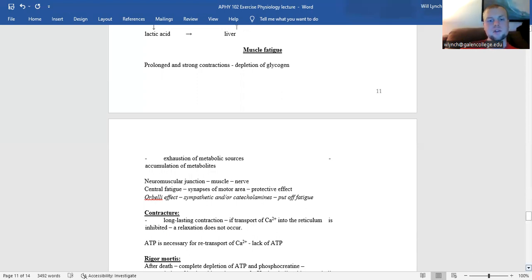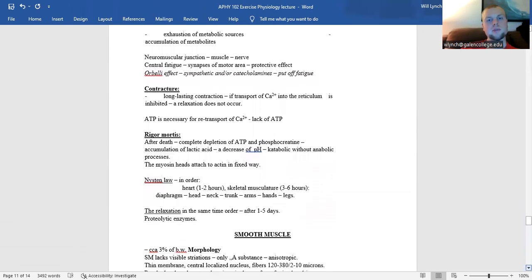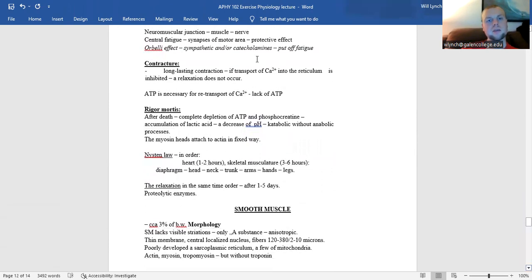For long-lasting contraction, if we see calcium input into the reticulum, it's going to be inhibited. So that means the relaxation does not occur. ATP is going to be necessary for the transport of calcium back into the sarcoplasmic reticulum. So a lack of ATP can cause a prolonged contraction.